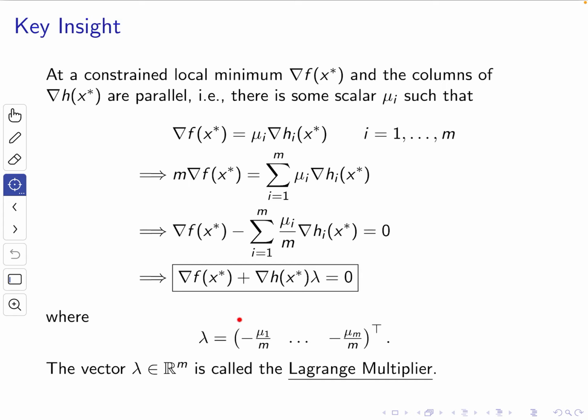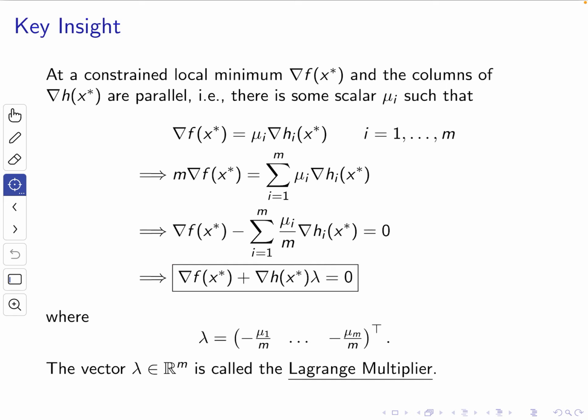So lambda would be these sets of coefficients. And this equation I could rewrite as the gradient of f at x star plus the gradient of h times lambda is equal to 0. So at a constrained local minimum, we have that this is true.